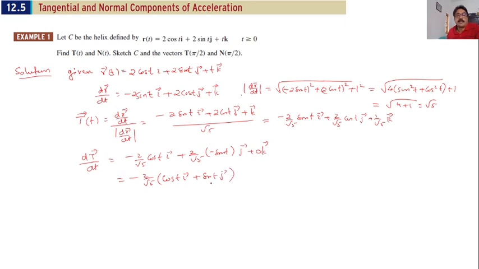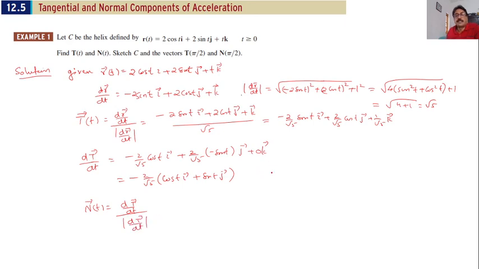This is dT by dt. And we want to find the unit normal vector N(t), which is given by dT by dt divided by modulus of dT by dt.